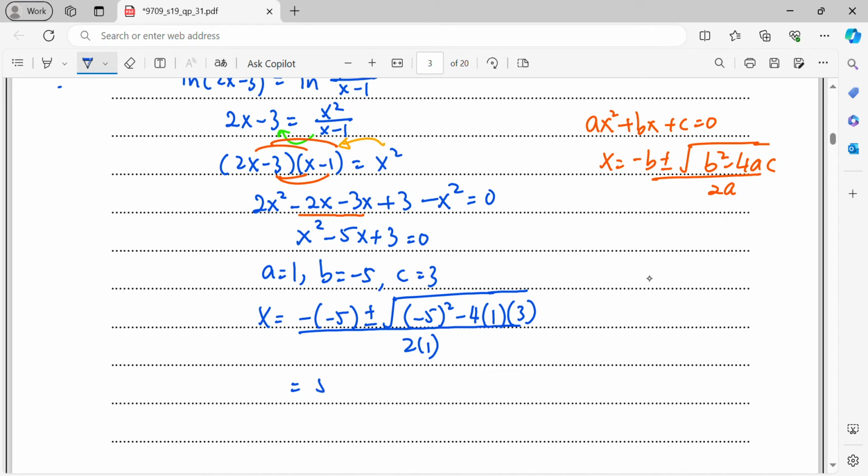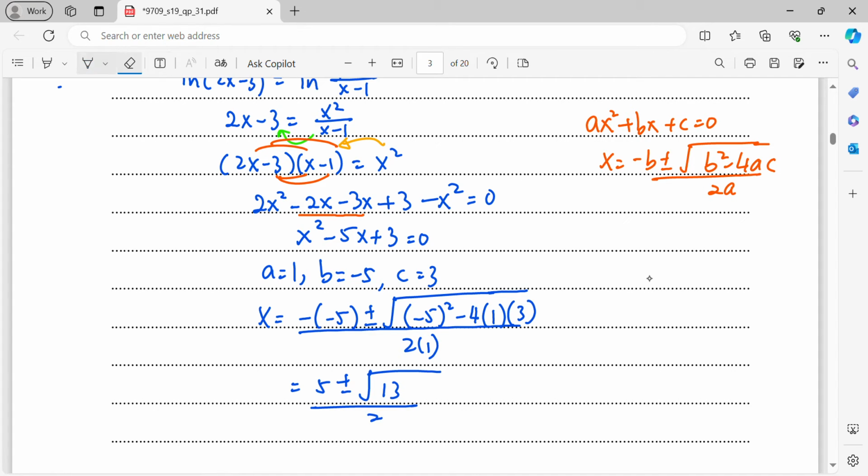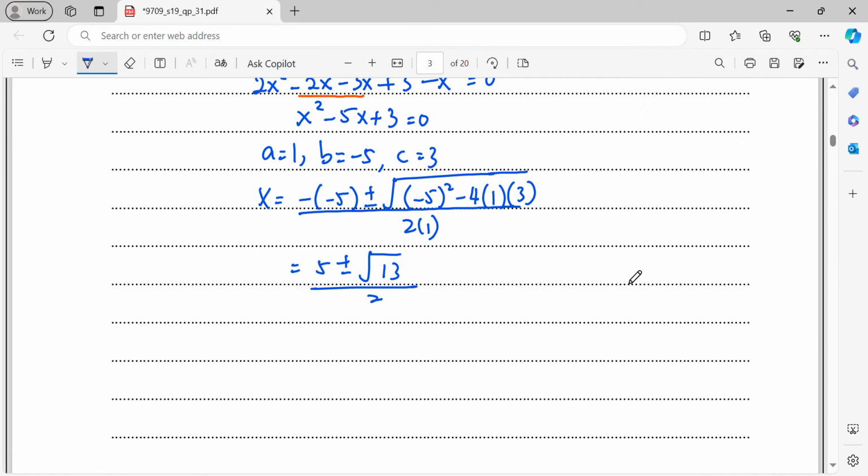Then from here you get 5 plus minus, now negative 5 squared is 25, so 25 minus 12, that is going to be 13, then over 2. Then you just calculate the value. The first value is counted using minus, therefore you are getting 0.70, 2 decimal places, and the next value is counted using the plus, then you will be getting 4.30.